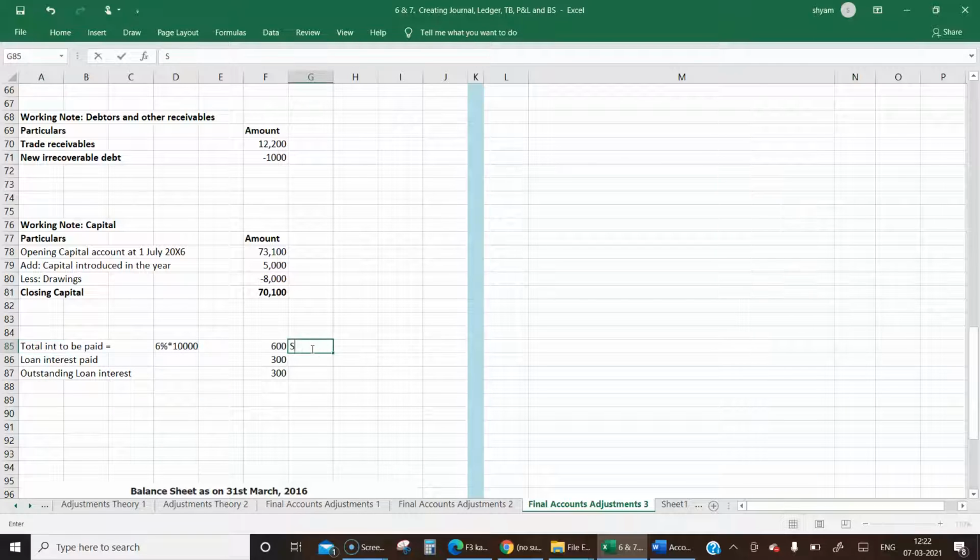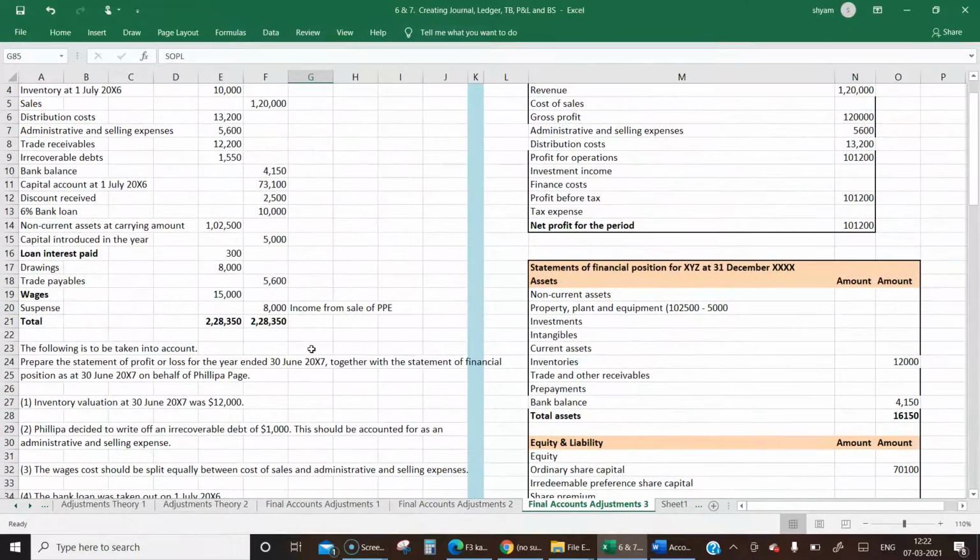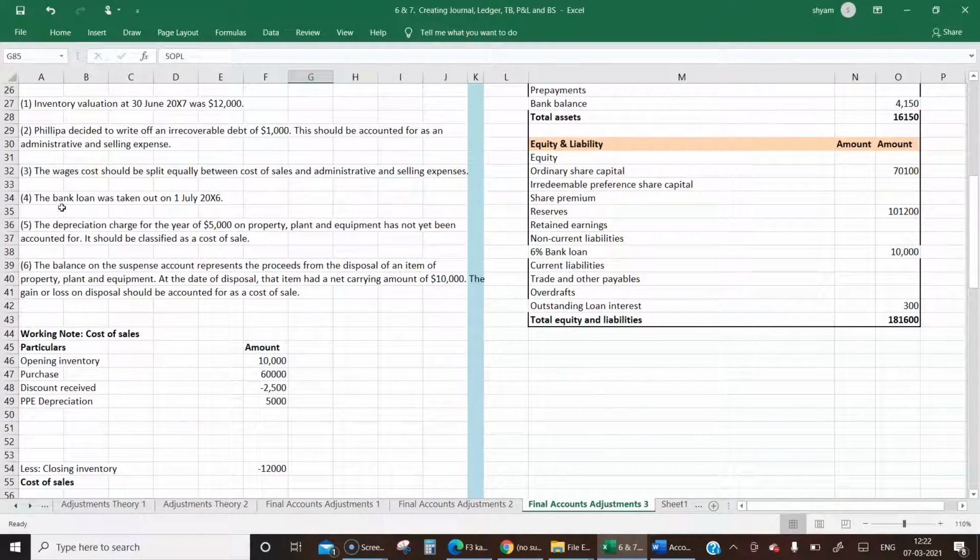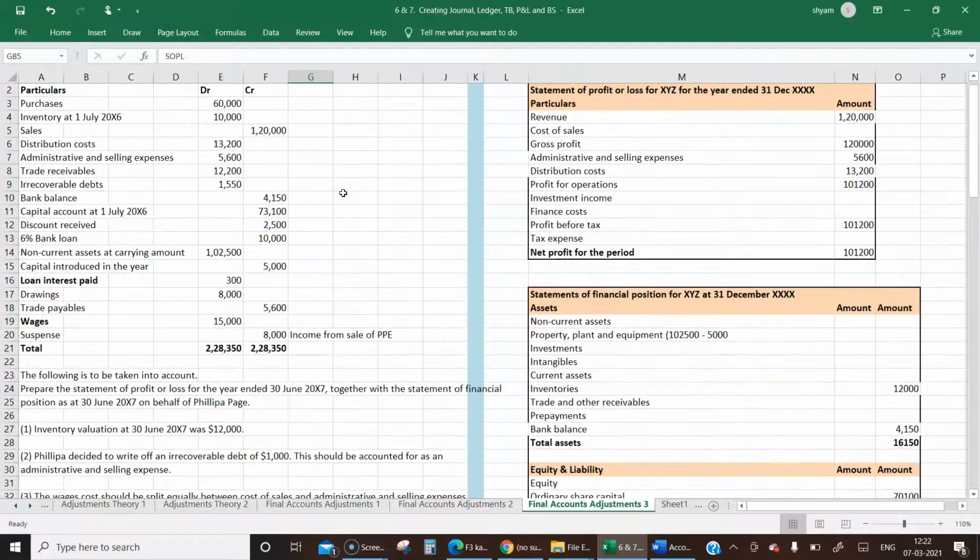This amount should go to the SOPL, but where in SOPL this should go, they have not mentioned. There is a finance cost here separately, so we'll put that as 600.